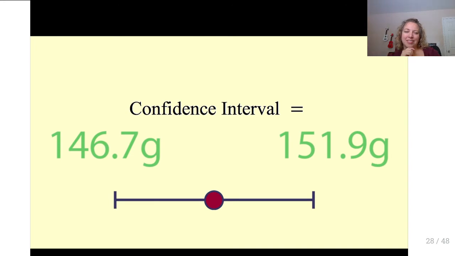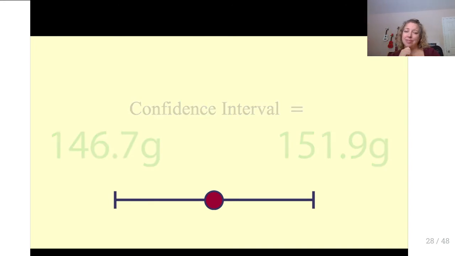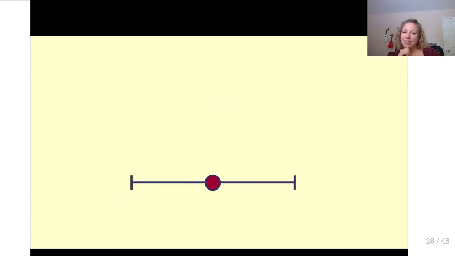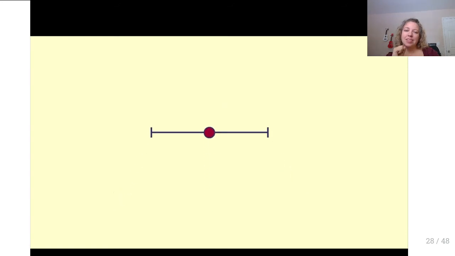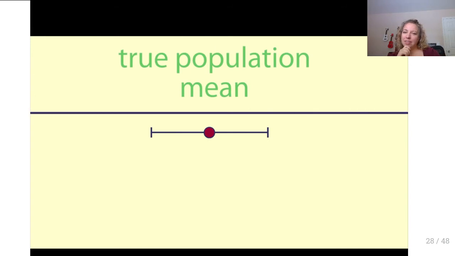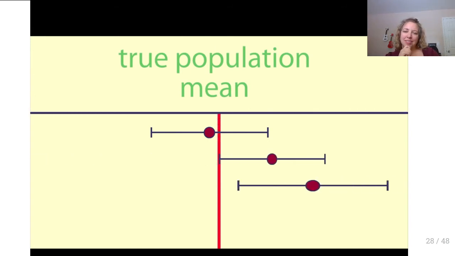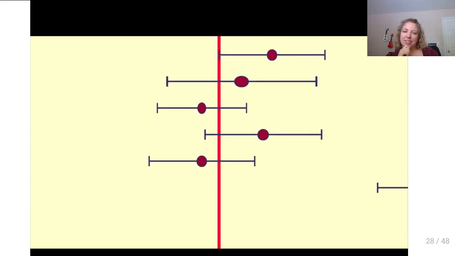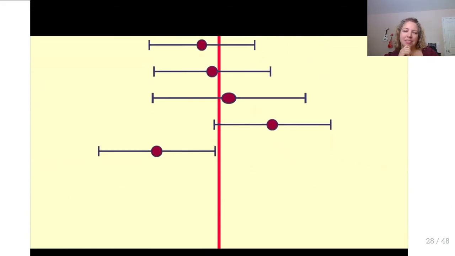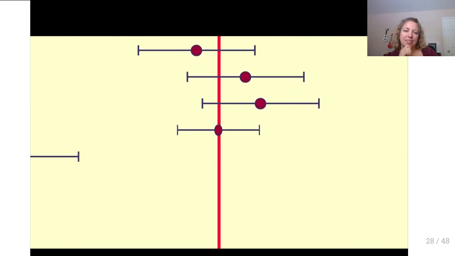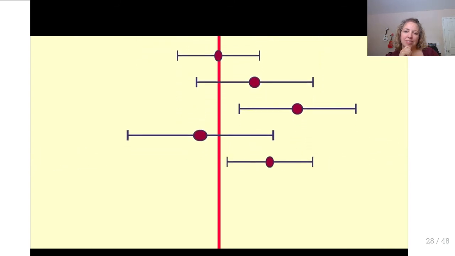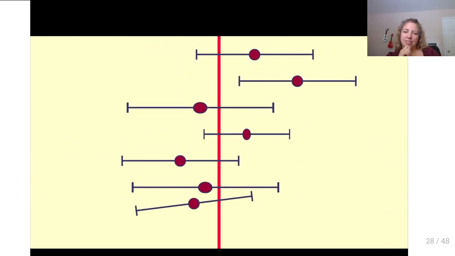This is not the interval that will hold the weights of 95% of the apples in the orchard. It is the interval that we are 95% confident will contain the true, unknown value of the population mean. If we were to take lots of samples of size 15 and create 95% confidence intervals from them, we would expect most of them, 95% of them, to contain the true population mean.